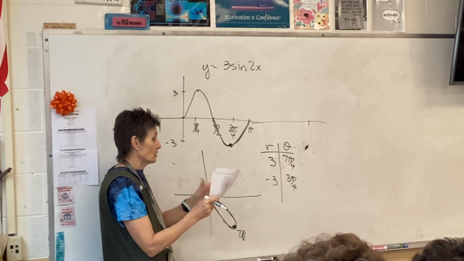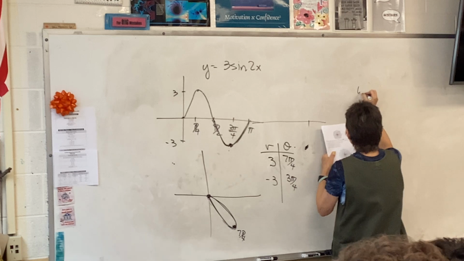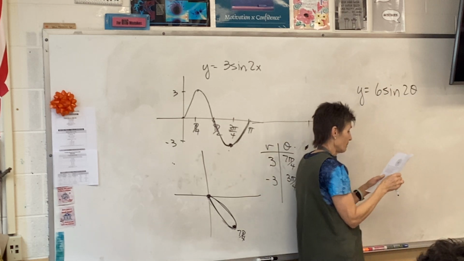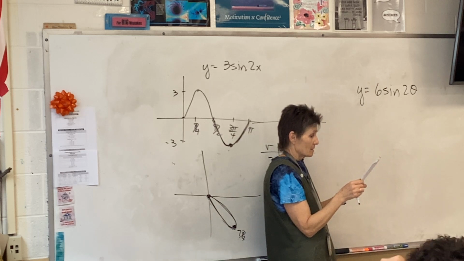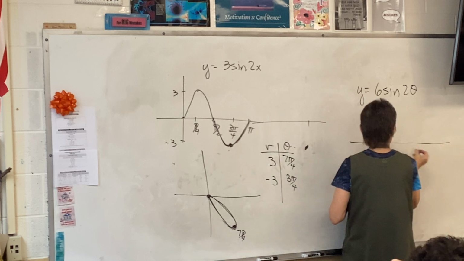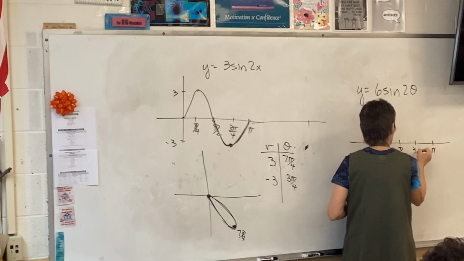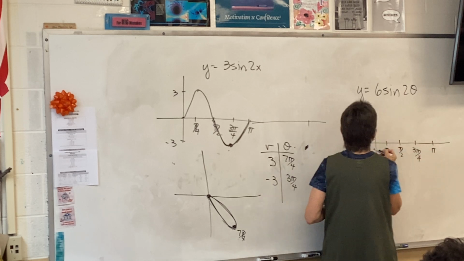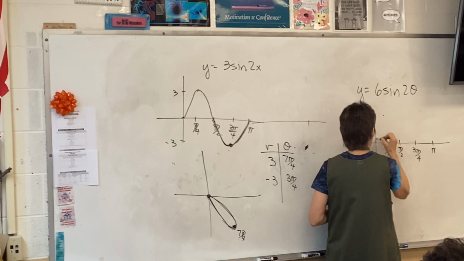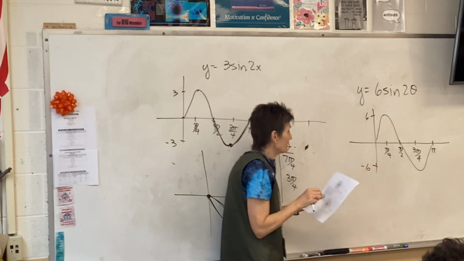All right, now let's look at number 5. Number 5, I have the whole graph. All right, so there it is rectangularly.